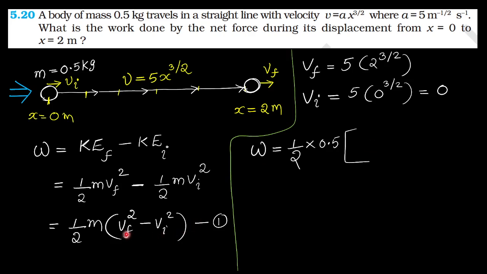Vf is 5 into 2 raised to 3 by 2. So vf square will be 5 into 2 raised to 3 by 2 all square. I hope you have understood. Minus vi square. Vi is 0.